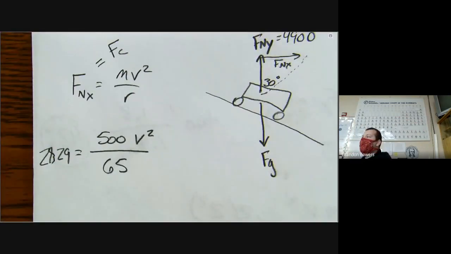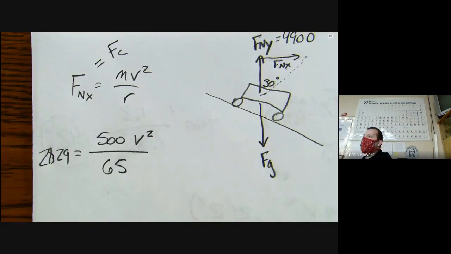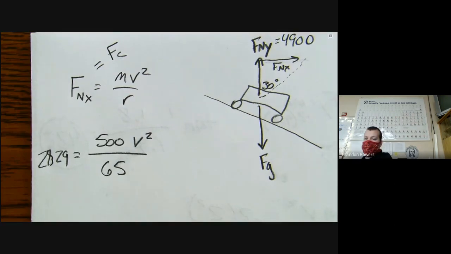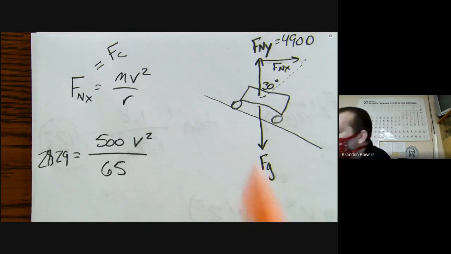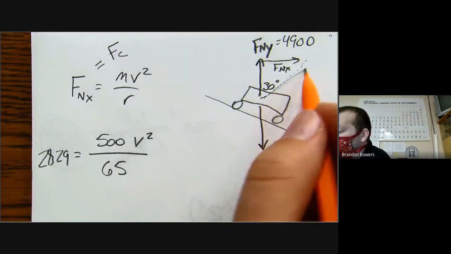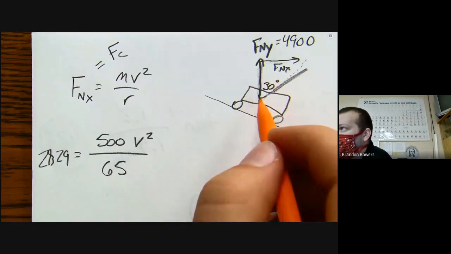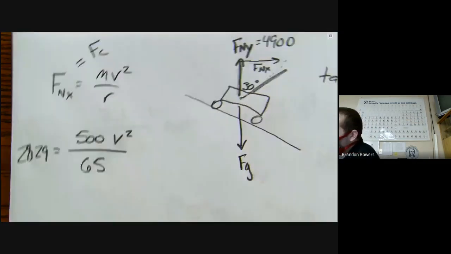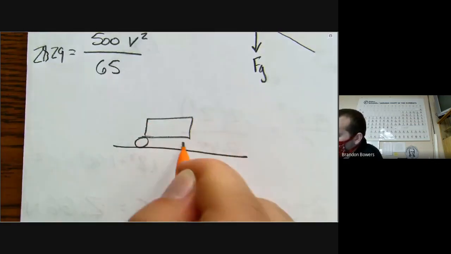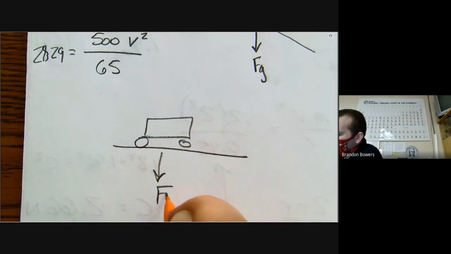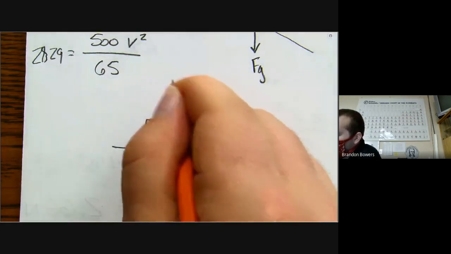Does that kind of make sense? Yeah. I'm so confused how you can use the force of gravity for the normal force in the y direction. Because isn't it on a slope, so shouldn't that change? The force normal, so I'm not solving for force normal. If I'm on a flat surface, my force of gravity is going to be equal to my force normal.